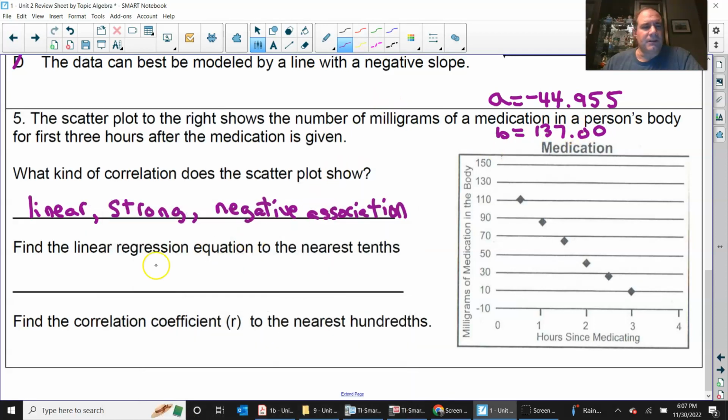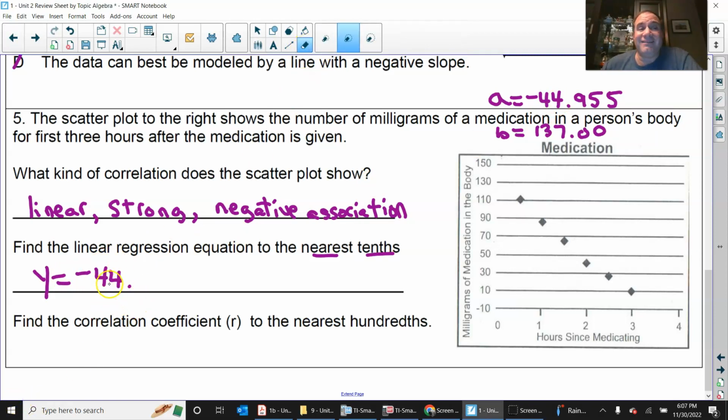All right. So find the linear regression rounded to the nearest tenths. So I have y equals, I have my A as negative 44.9, and this next number right here is 5.